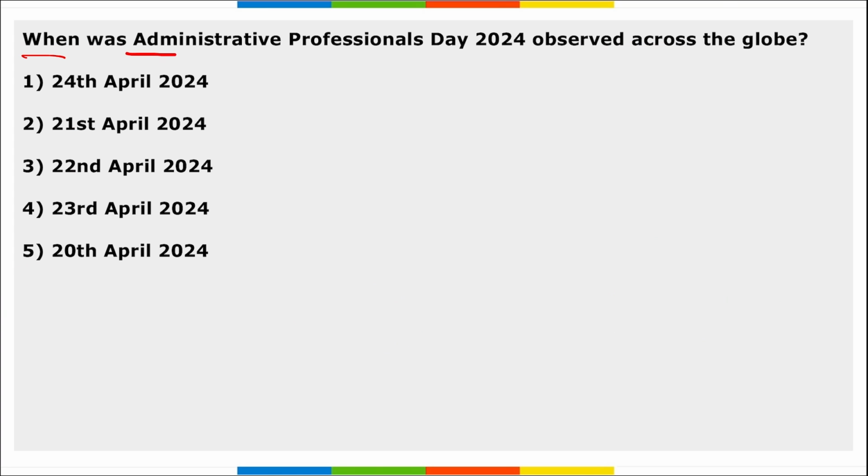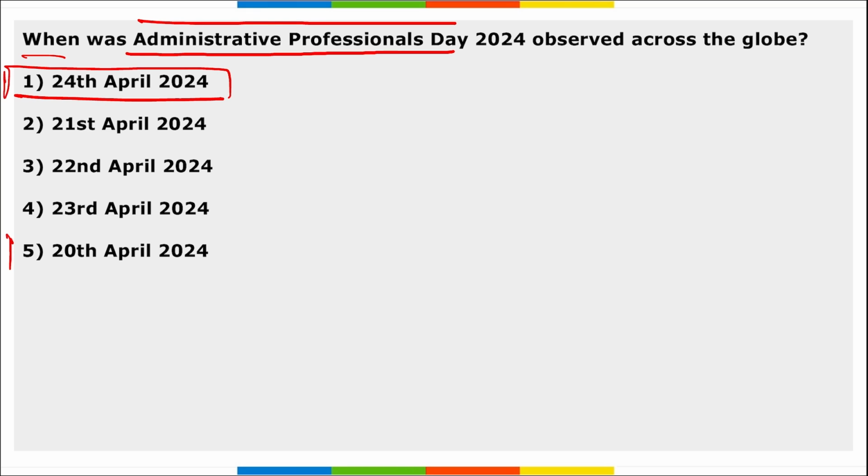Next, when was Administrative Professionals Day observed across the globe? On 24th of April, we observe Administrative Professionals Day. Take a note of this: this day is observed across the globe on the Wednesday of the last full week in April, and it is to celebrate and recognize the role of secretaries, assistants, and receptionists in day-to-day support to the professionals.